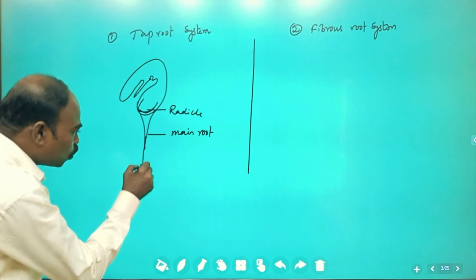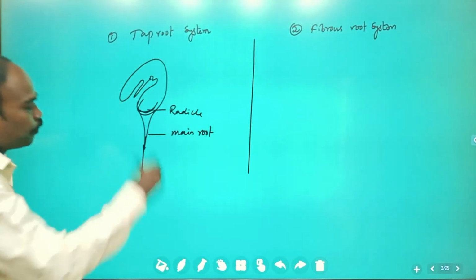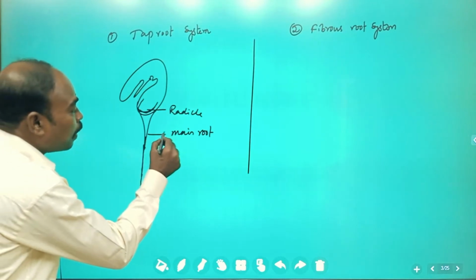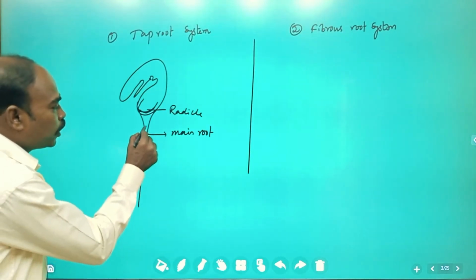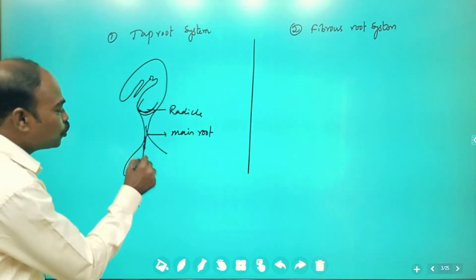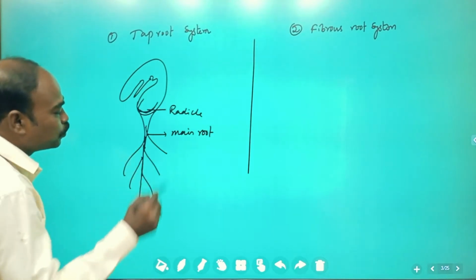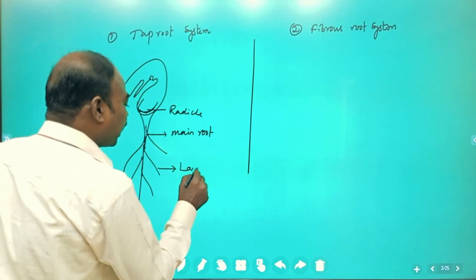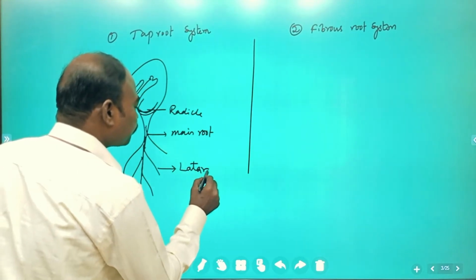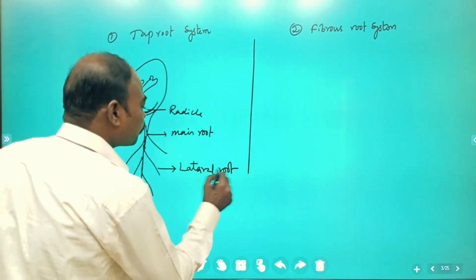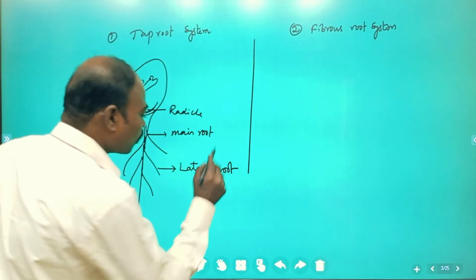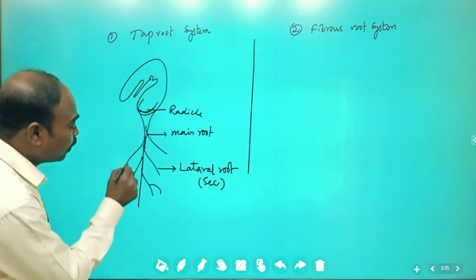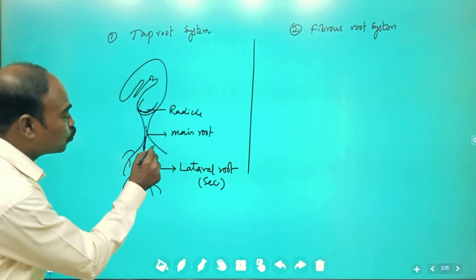This root grows towards the soil, positively geotropic. This is called the main root, from which a number of branches, lateral roots, are developed. These lateral roots are said to be secondary roots, from which tertiary branches also develop.